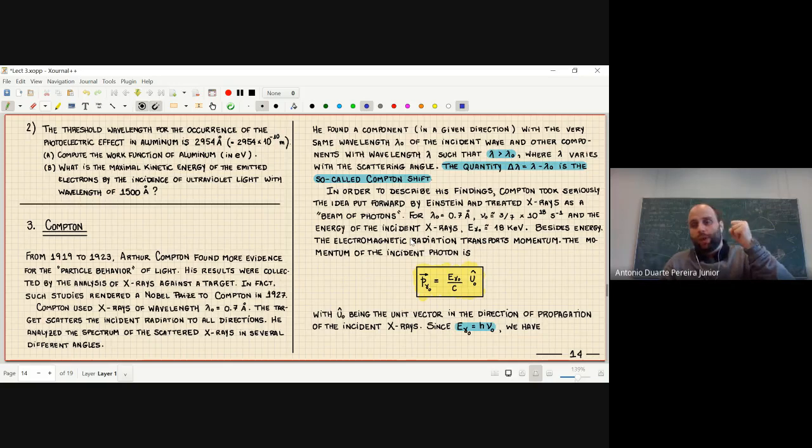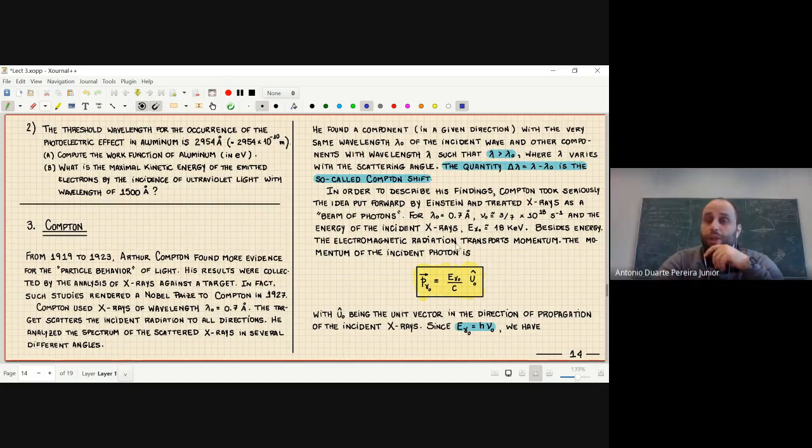So a particle, when it's moving, has kinetic energy, and also it has momentum, which is the product of the mass of the particle with the velocity of the particle. So photons, if you think about them as particles, carry energy that you have learned, given by h times nu, but they also carry momentum, okay?